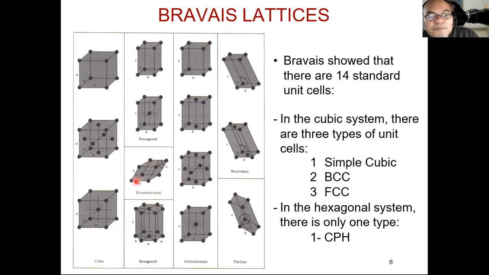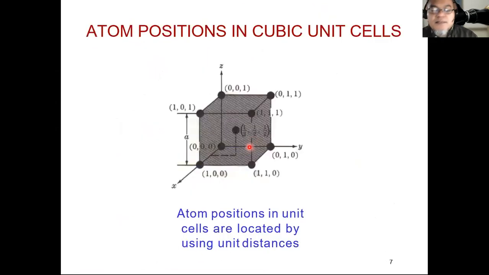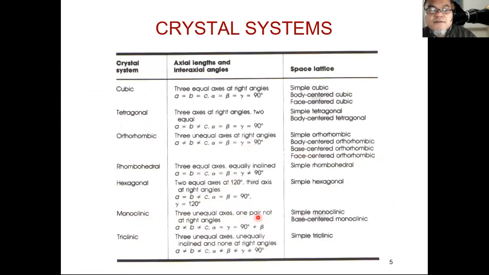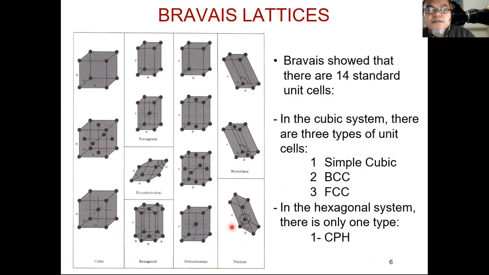Simple rhombohedral. We have monoclinic too, simple monoclinic and base-centered monoclinic. For triclinic, we have only simple triclinic. So in the cubic system, this one I have just explained.